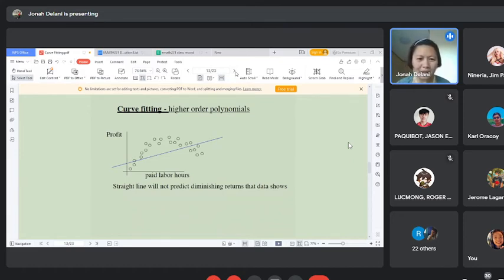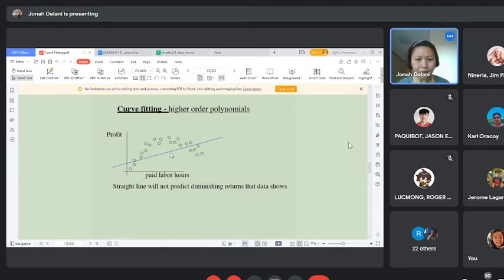For example, this profit versus paid labor hours. With these points, we cannot represent it as a line. It looks more like a higher order polynomial. This is diminishing returns, so a straight line cannot predict a diminishing return curve.